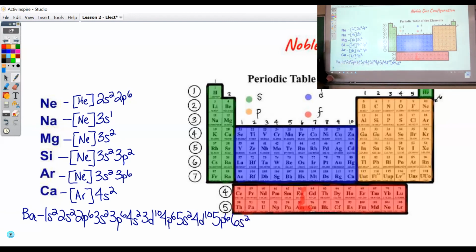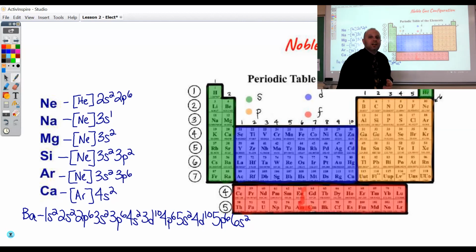So this is the full electron configuration for barium. And just to prove it to you, let's add up the electrons. 2 plus 2 is 4, 10, 12, 18, 20, 30, 36, 38, 48, 54, 56. And barium is element number 56.